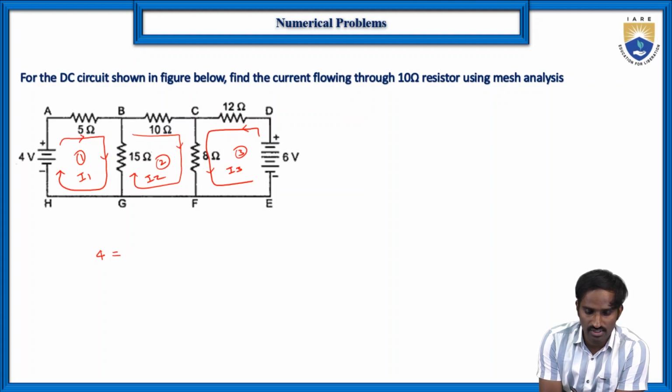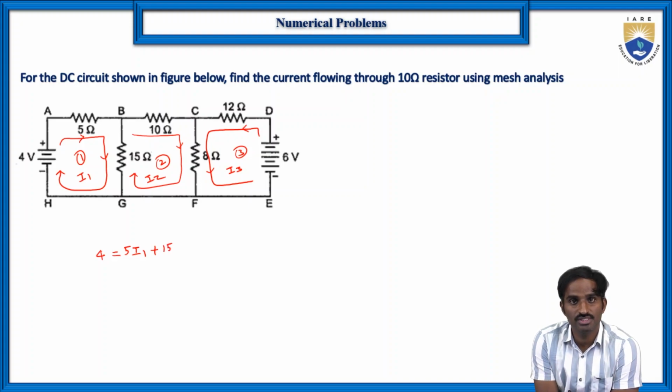5 into I1, because the voltage across the 5 ohm resistor is resistance into current, plus 15 into, because in the 15 ohm resistor both the currents I1 and I2 are flowing. But since we are writing the equation with respect to loop 1, we should take the reference current direction as the loop 1 current direction.